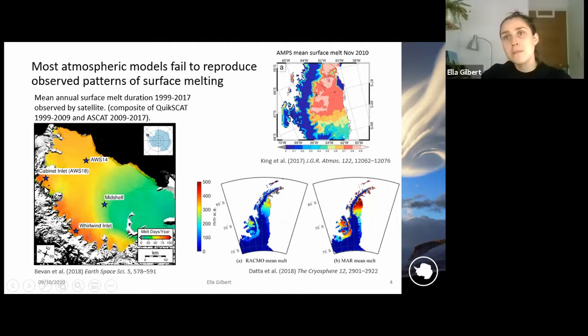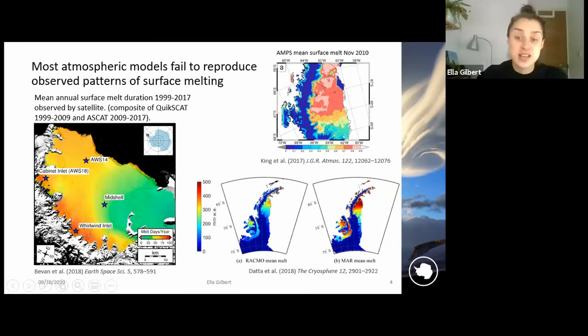So you can see there are more melt days per year observed in these inlets, which are close to the mountains. Now, the problem is that lots of atmospheric models don't really capture this pattern. You can see that AMPS, RACMO, and MAR, all of which are quite commonly used to simulate conditions in the Antarctic Peninsula, all get the north-south gradient quite well, but they don't necessarily capture this east to west variation, and that's a problem.